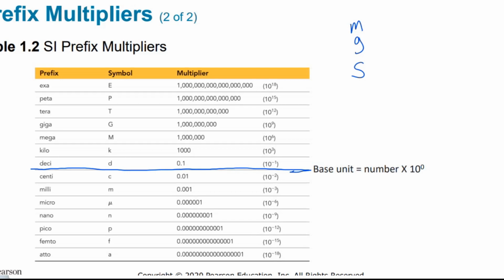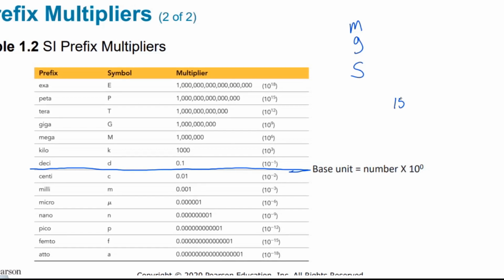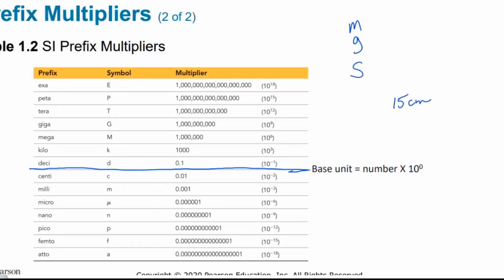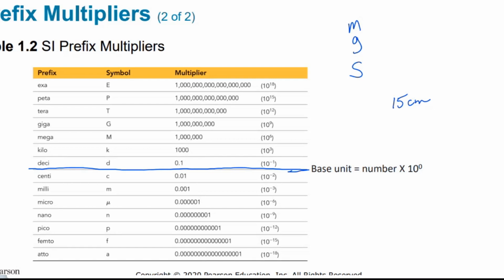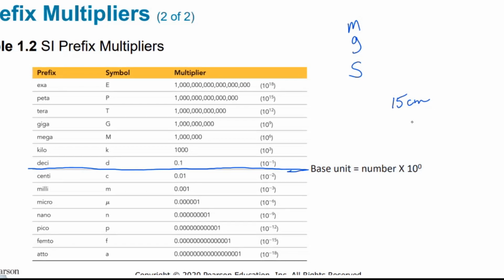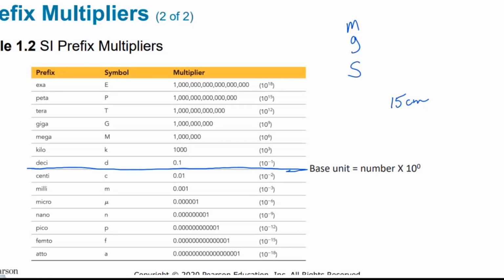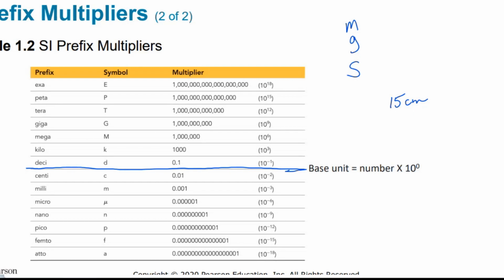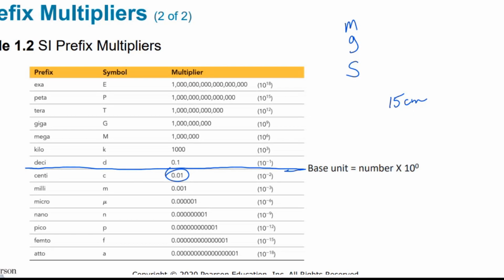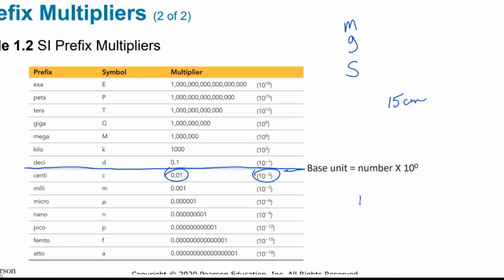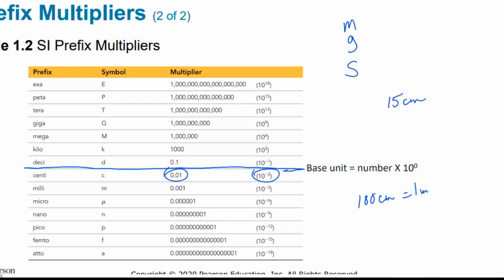Okay, let's say we had 15 centimeters. Well, if we convert that to meters, a centimeter is 0.01 meters, or 10 to the minus 2 meters. So that means there's 100 centimeters in 1 meter.